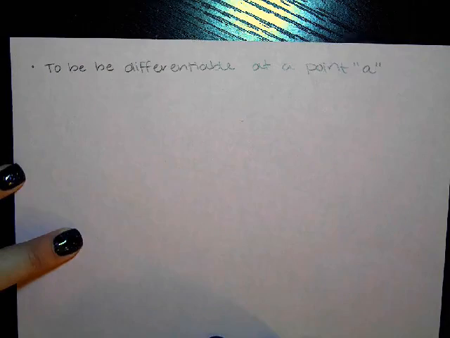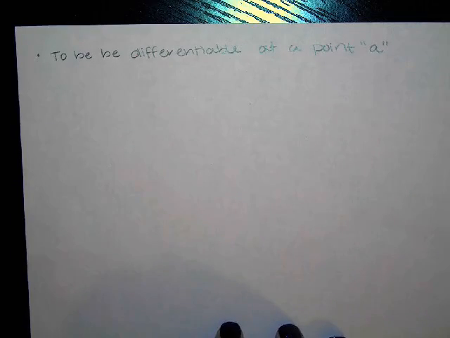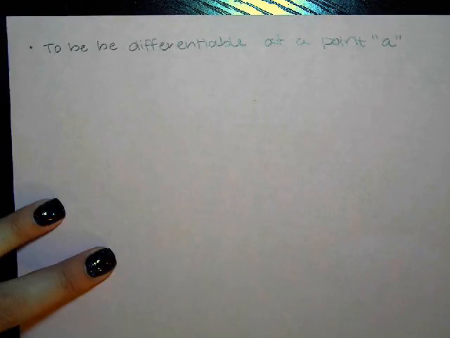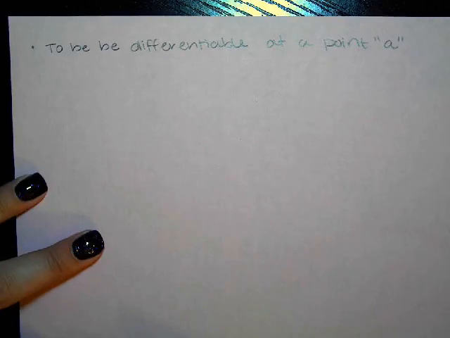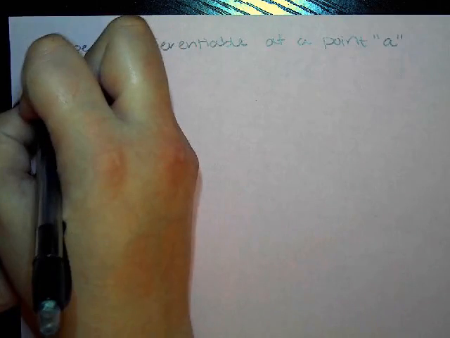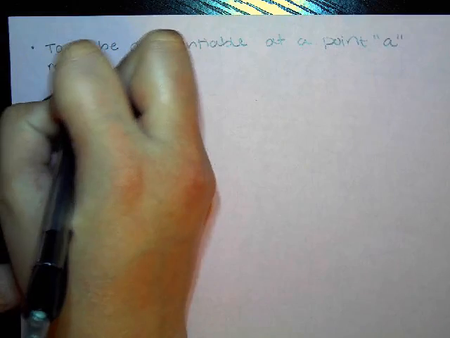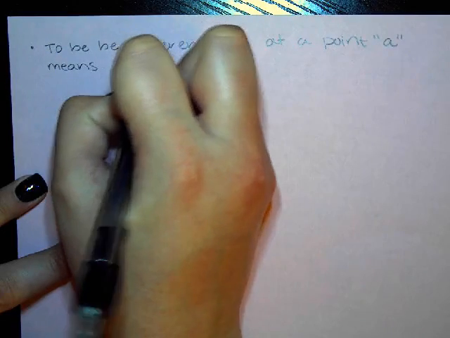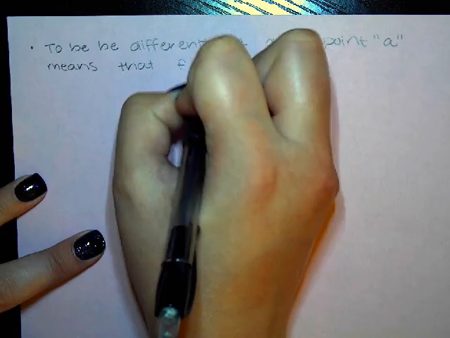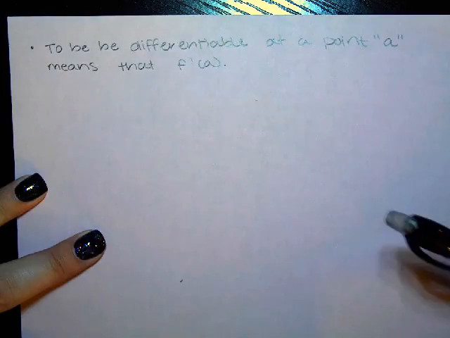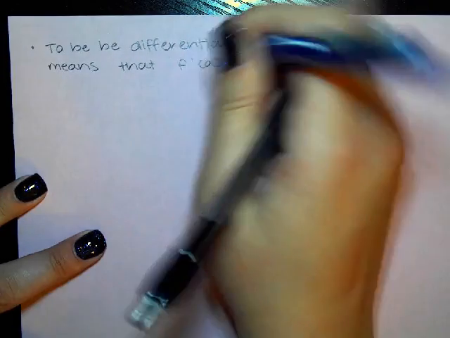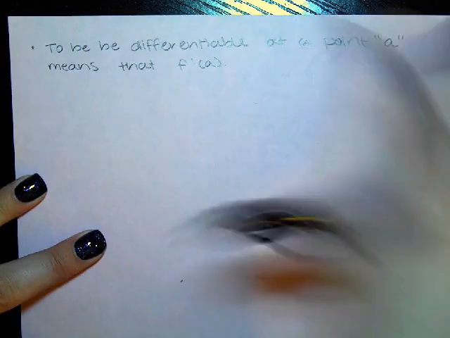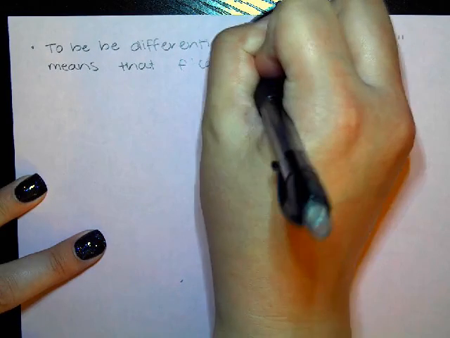A, to be differentiable at a point A, let me see if I can zoom in. Nope, I'm already zoomed apparently. To be differentiable at a point A means that f prime of A exists.